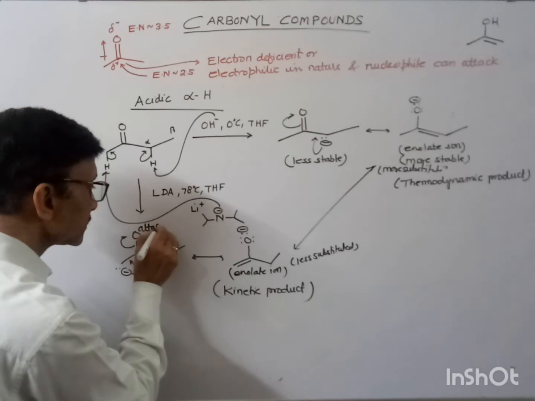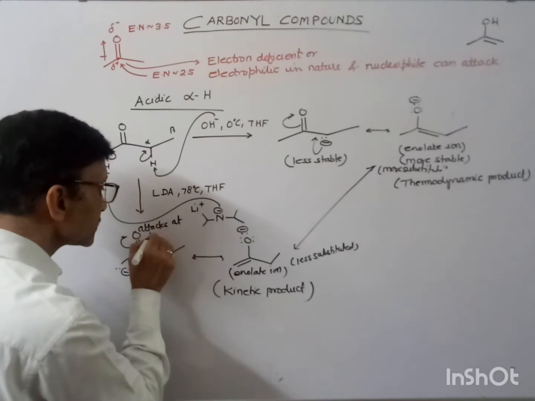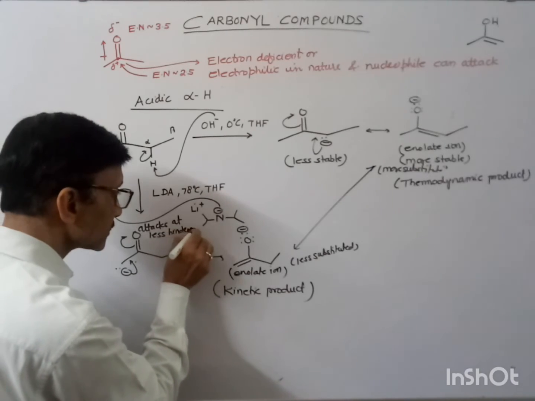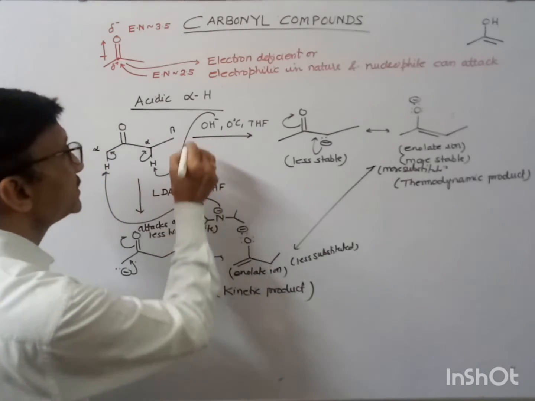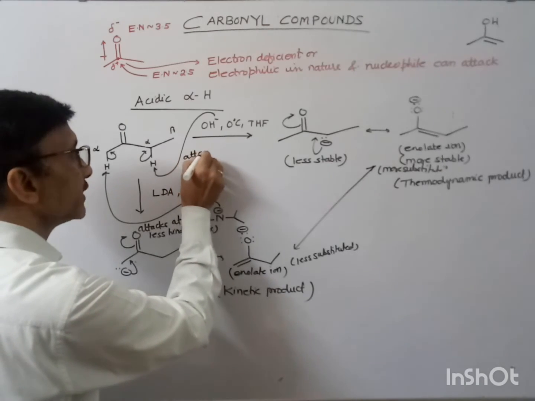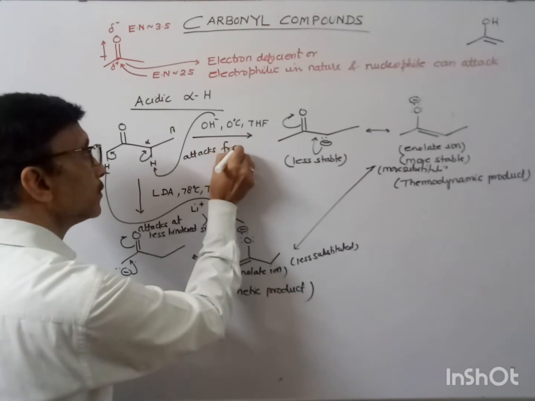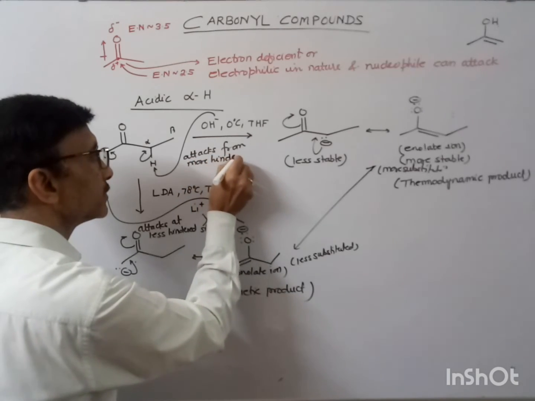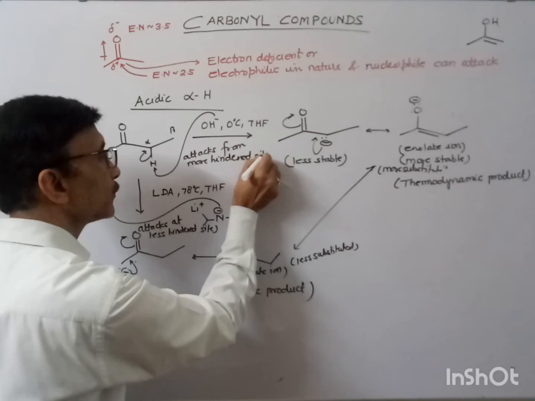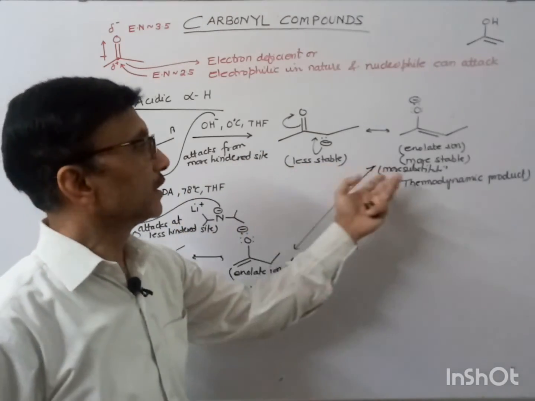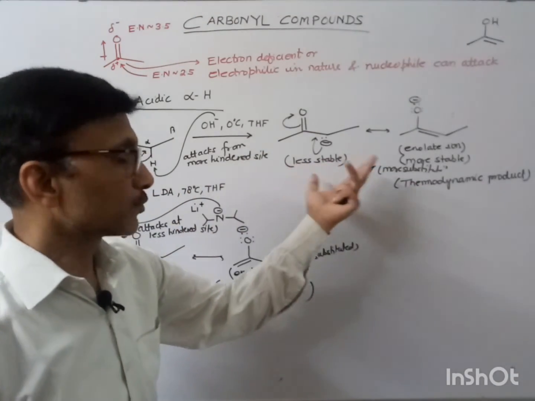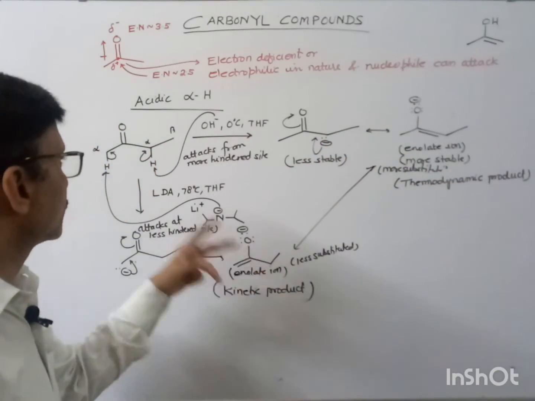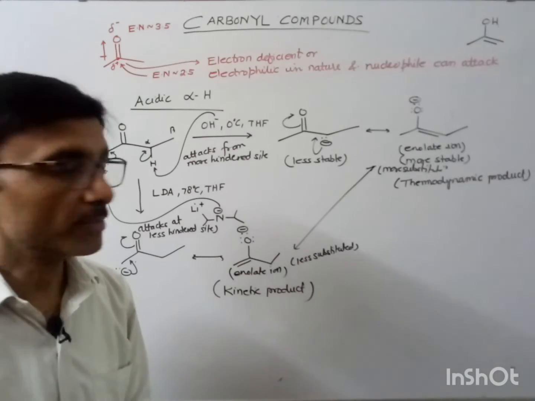So this attacks at the less hindered site, whereas the other attacks from the more hindered site. So that's why this product is the slow product, thermodynamically stable, and this forms the faster product, that is the kinetically stable.